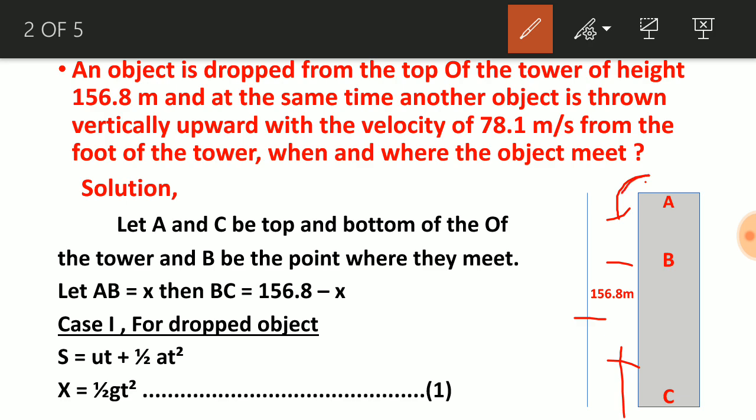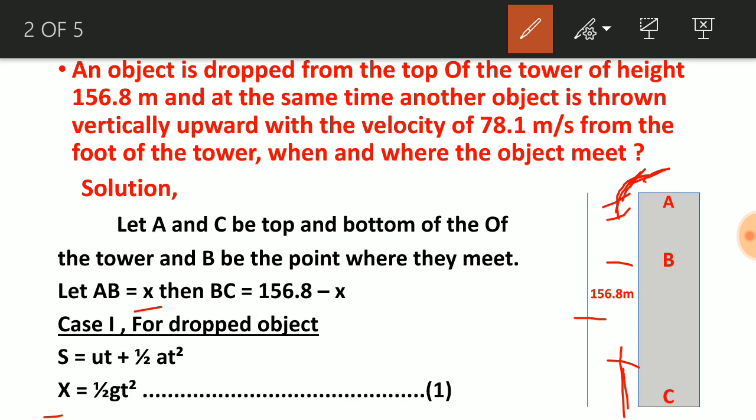Now we have two cases. In case 1 we consider a body which is dropped from the top, and in the other case we consider a body which is thrown up. In case 1, for the dropped object, our formula is s equals ut plus half at square. We have already assumed that the distance of AB is x, so s will be x. The initial velocity u will be 0 because it is just dropped.